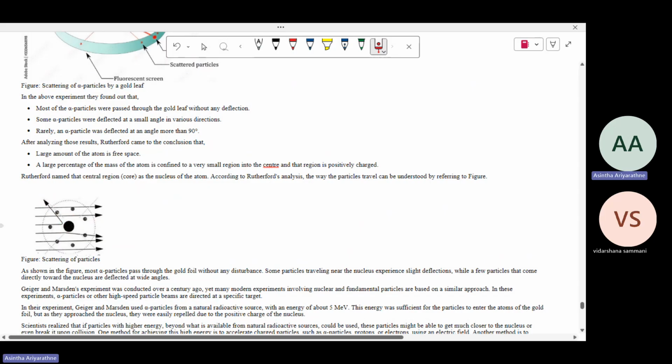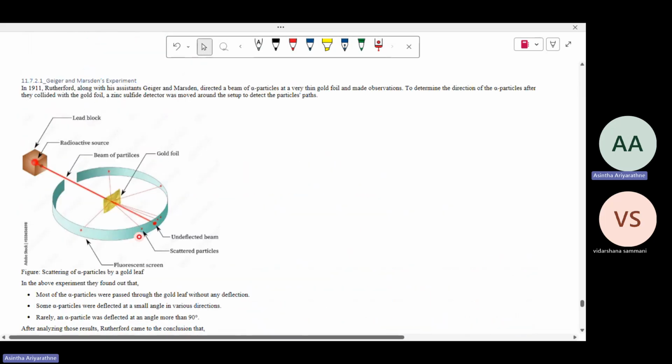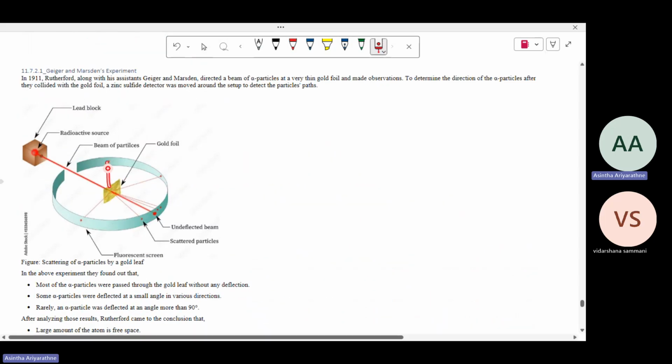So that's this observation: only a couple of alpha rays are deflected. Most of the alpha rays are not deflected or only partially deflected and fall on the fluorescent screen.